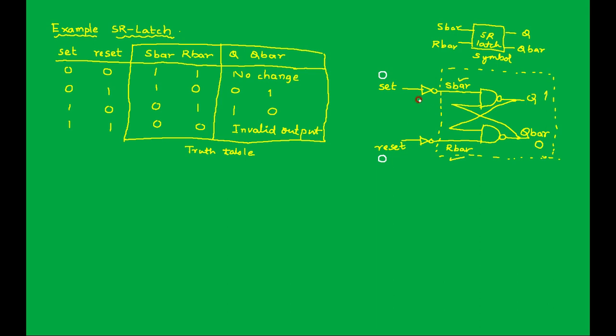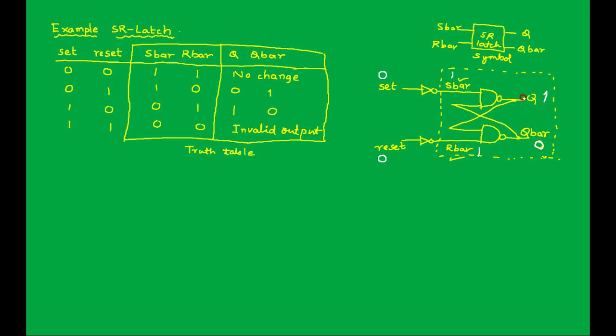In this case, how does the circuit behave? S bar will be what? Not of 0, that is 1. R bar will be what? Not of reset, that is 1. And previously we have assumed Q as 1 and Q bar as 0. So for this particular output, 1 NAND 1, the output will be 0, and 0 NAND 1, you will get output as 1.